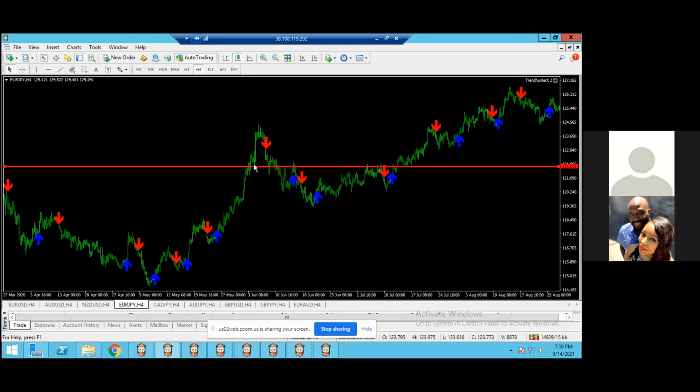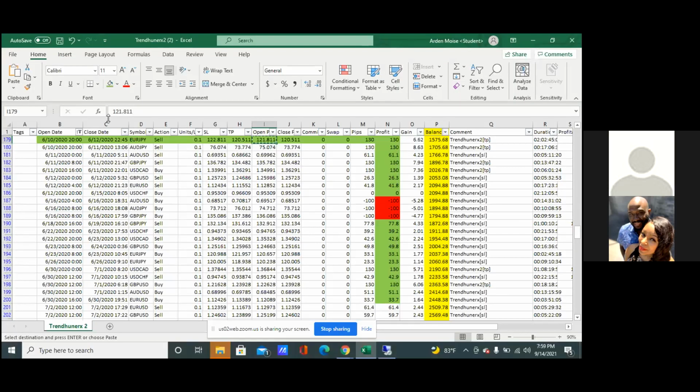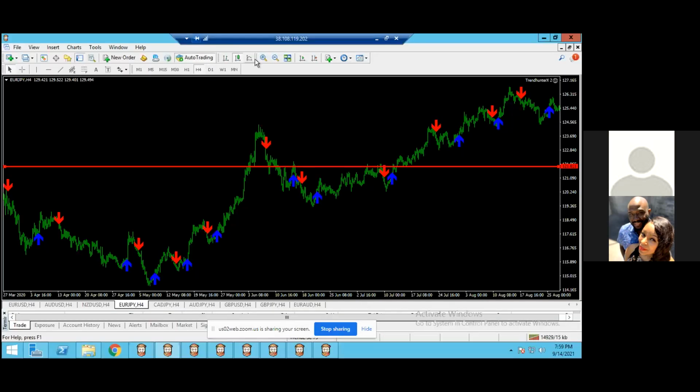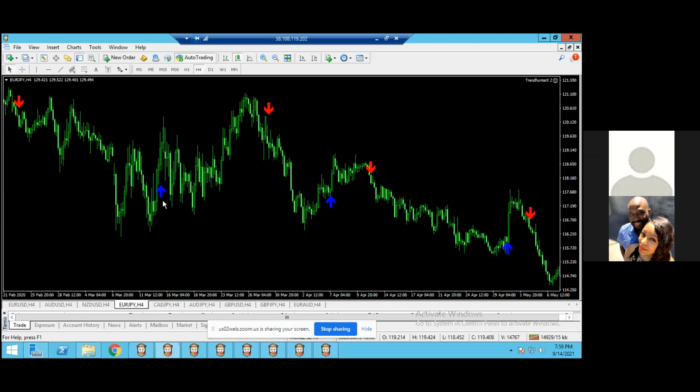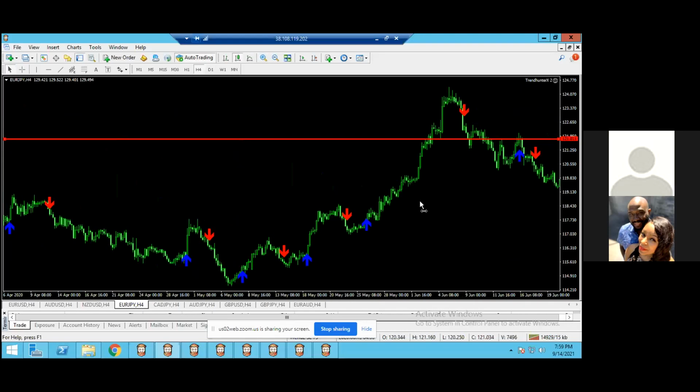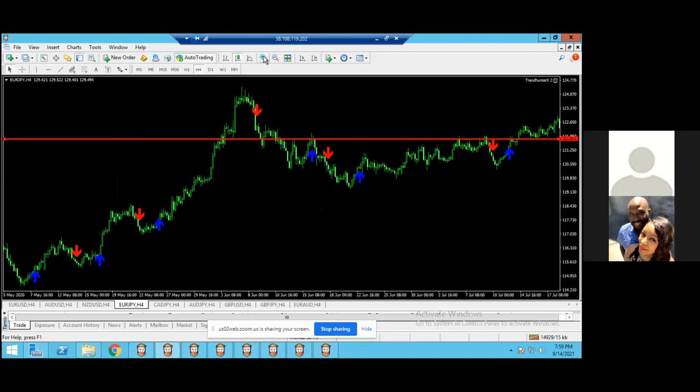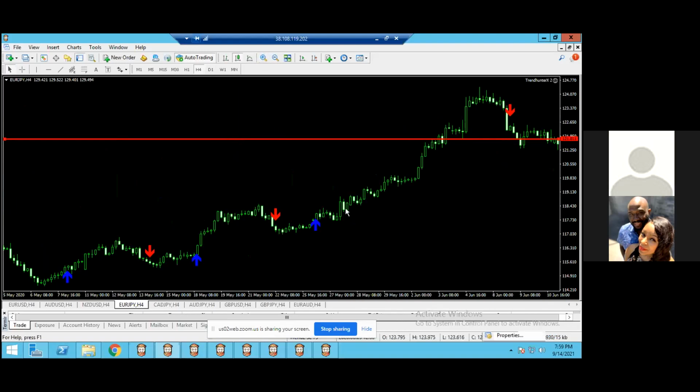Opened here. Now I need the exact candle. It opened on this candle, the 20 candle, 610. Just blow it up a little bit more.